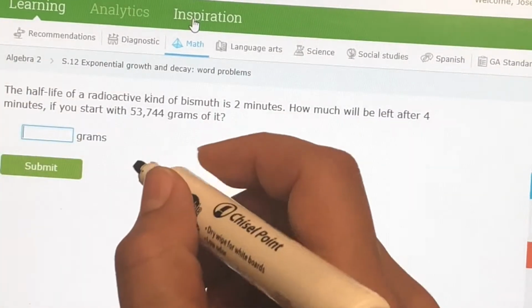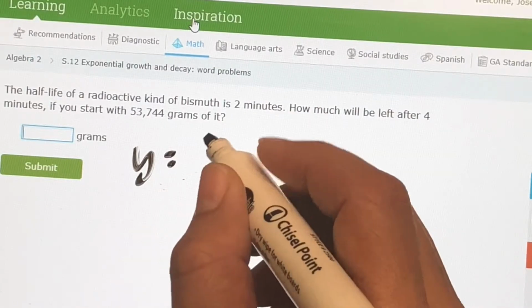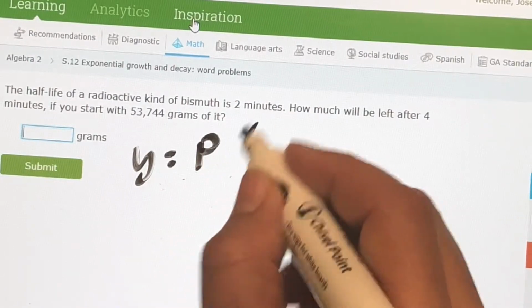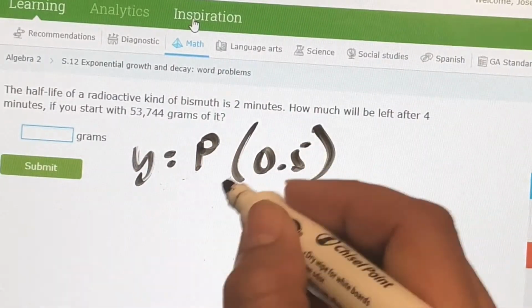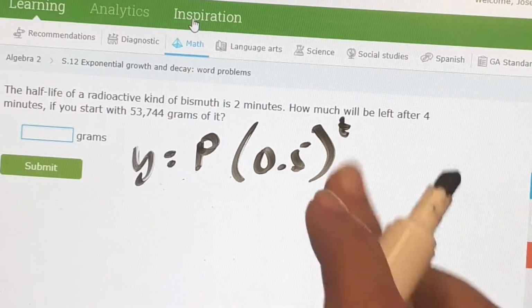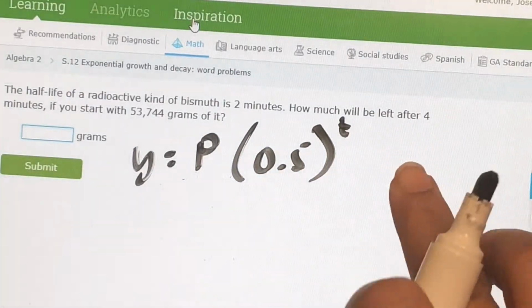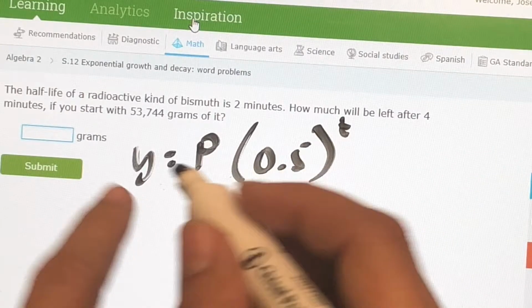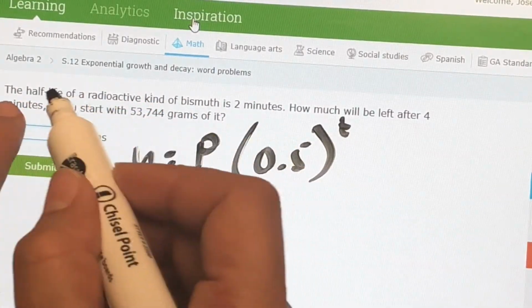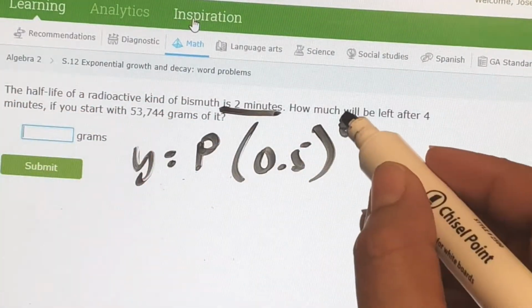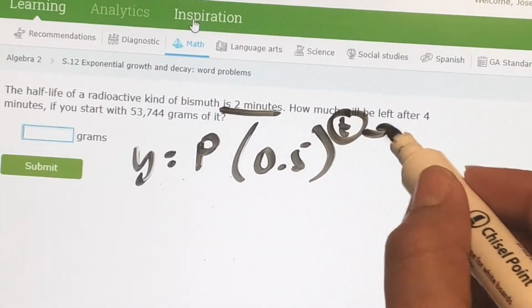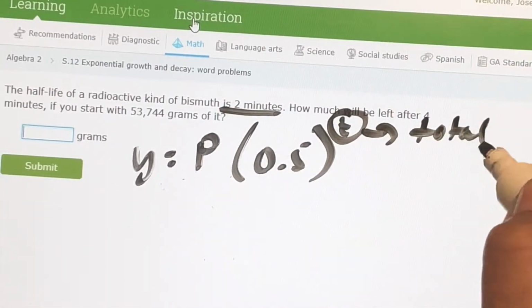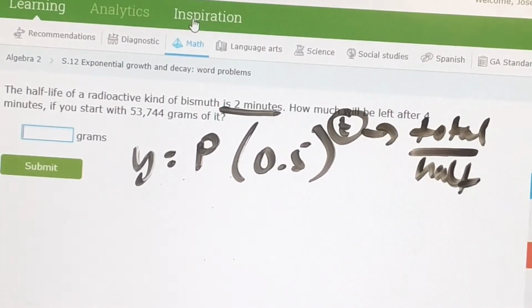So my half-life formula is y equals p, as in the starting, 0.5, because it's half-life, half, and then t, where t is how many periods are in that time period, okay? So half-life radioactive, the half-life is 2 minutes, so that has to do with the time. So remember, t is your total over your half-life.